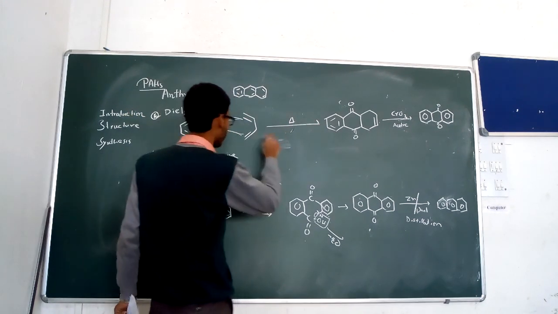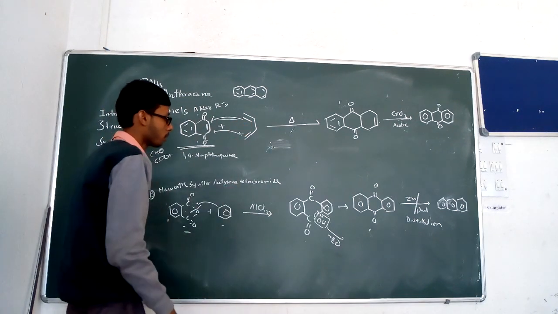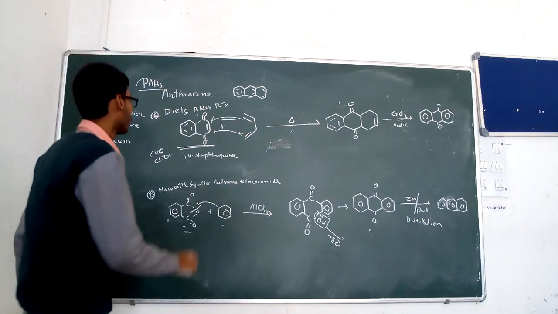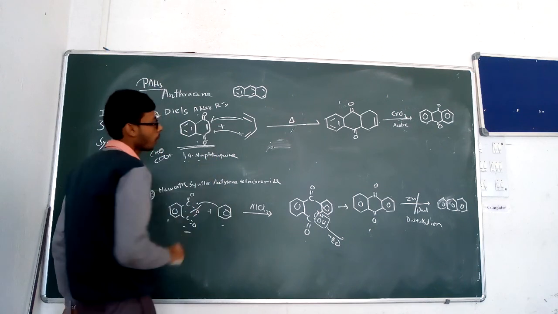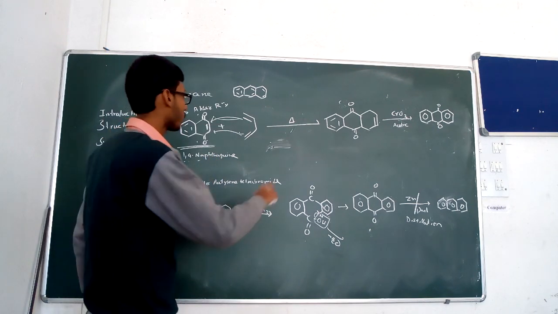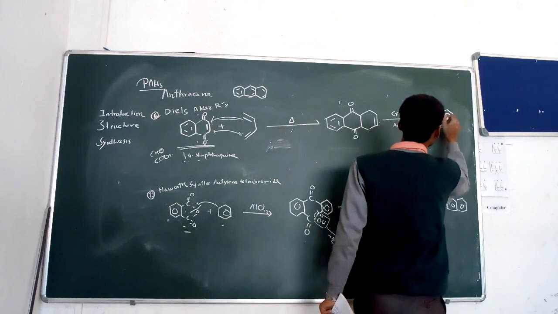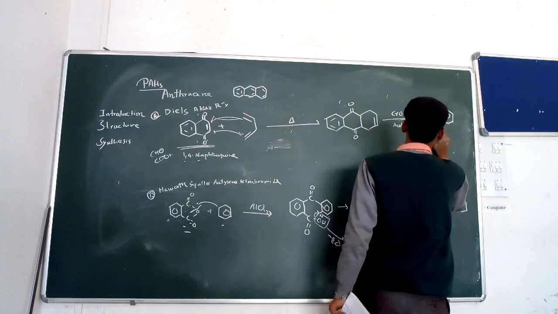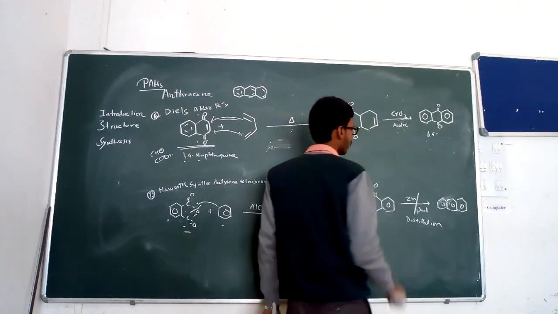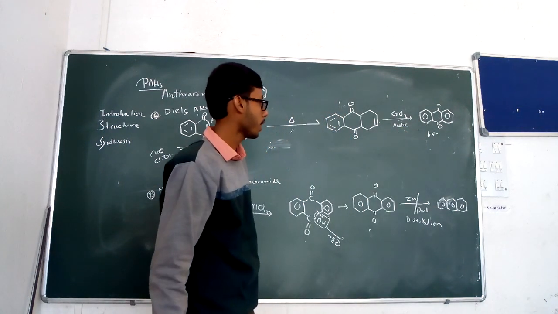Here also it is the 1,4 addition of the unsaturated compound, and it forms 1,4-anthraquinone. After that, it is treated with chromium trioxide and acetic acid.